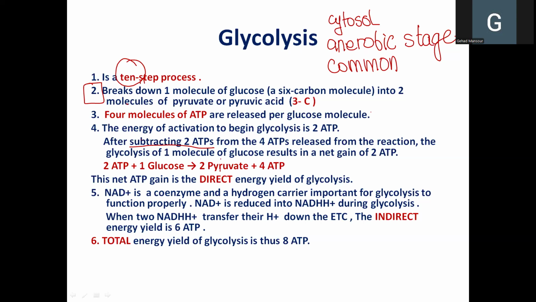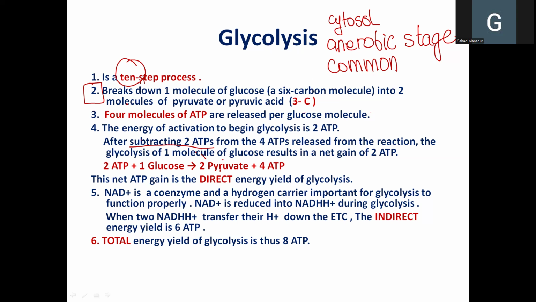Okay, so we take 2 out of the 4 to activate the reaction to produce 2 pyruvate molecules. So the 4 ATPs are the initial released amount of energy, and the final or net is the 2 ATPs.